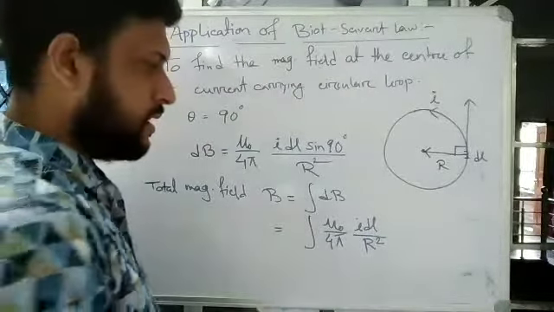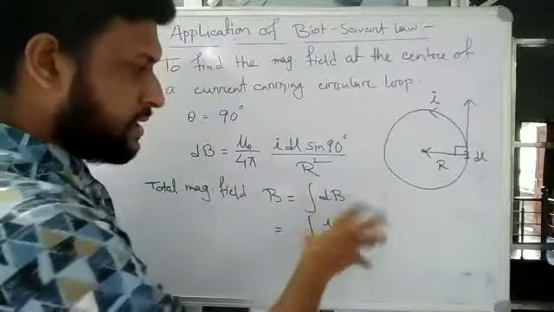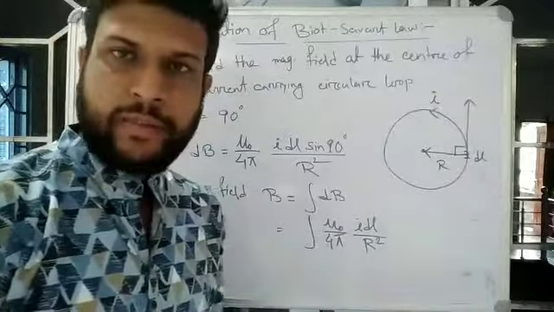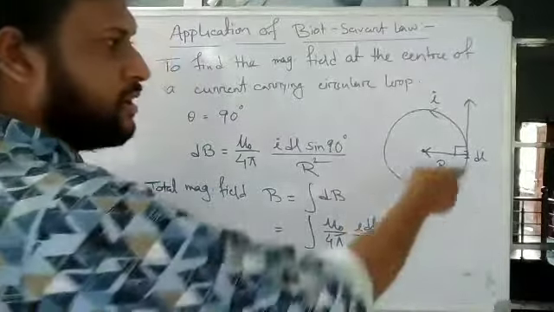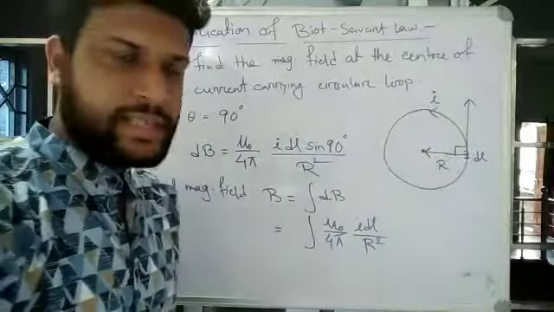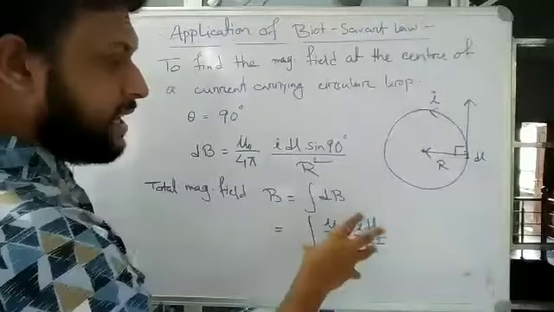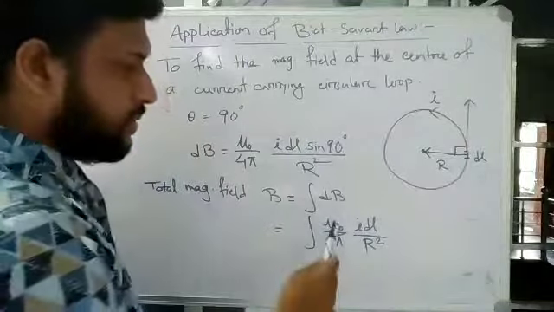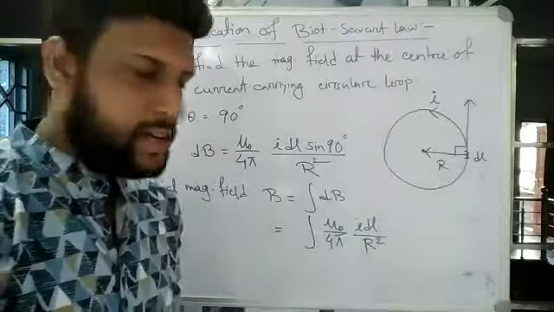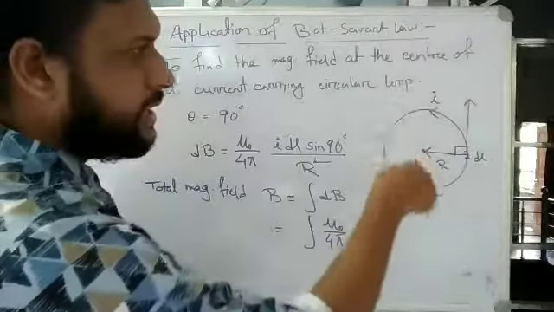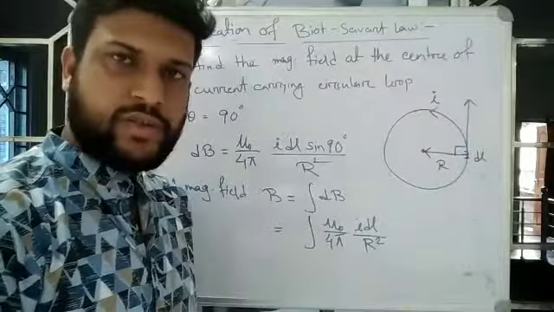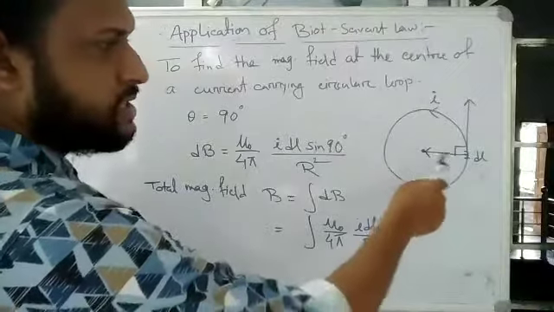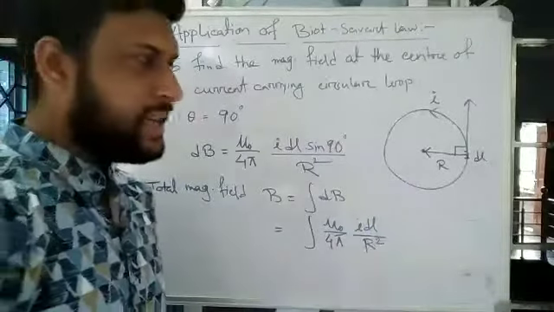Okay, everyone. Now in this equation, dl is the variable, because dl is the thing which is changing. Except dl, all the things are constant, because mu0 by 4 pi is itself a constant. The current in the loop is not changing, so the current will be the same I, and the distance of the point from the dl is r.